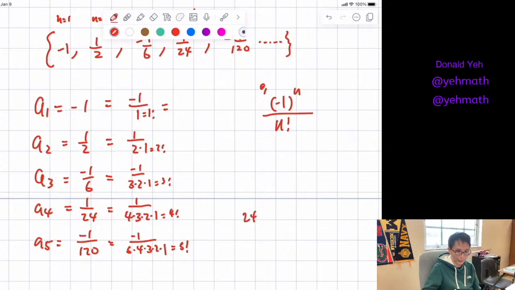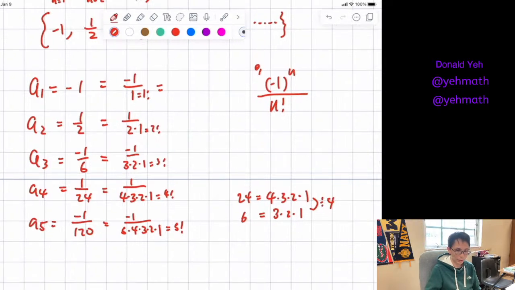Like 24 equals 4 times 3 times 2 times 1, right? And the next number is 6. So what do I do to this number? I divide by 4, and I get down to 3 times 2 times 1. Does that make sense? This one represents 4 factorial, and this one is 3 factorial.